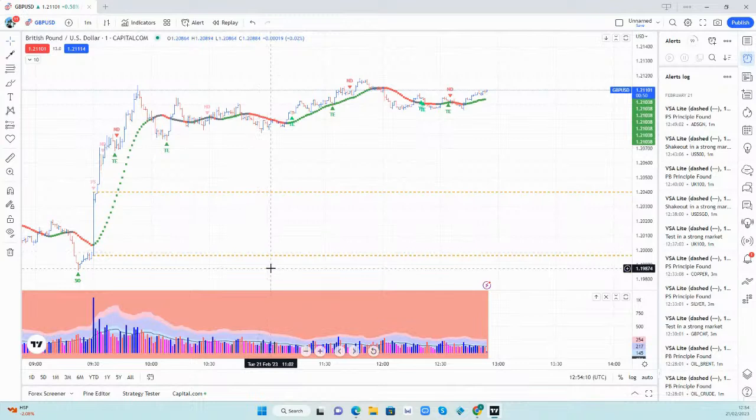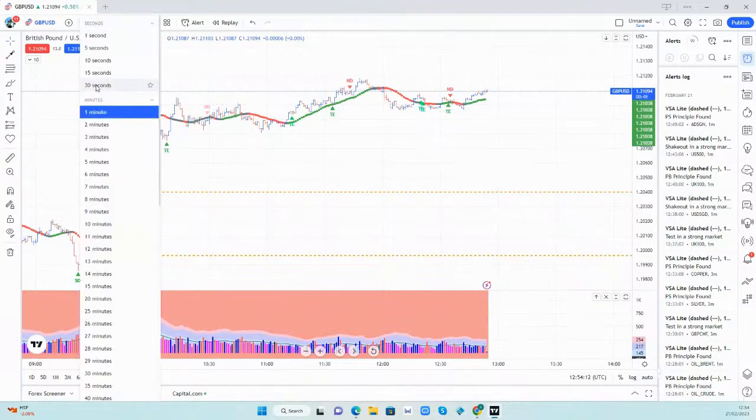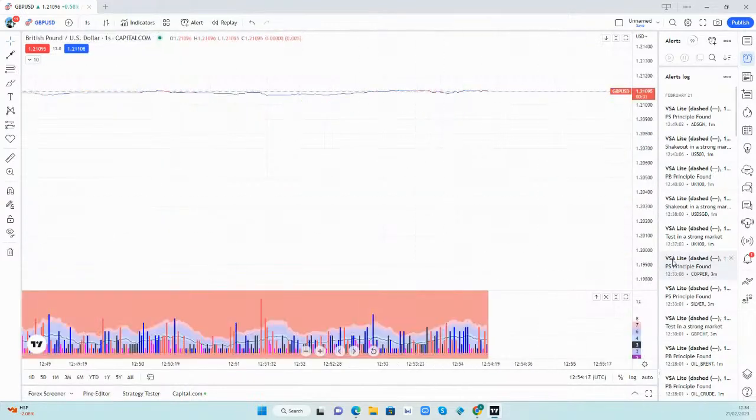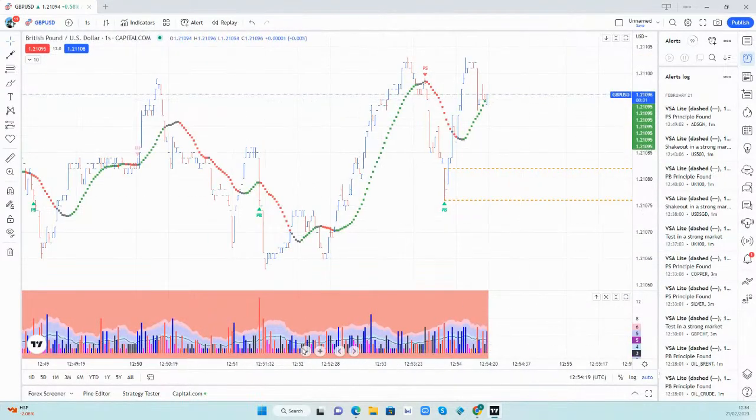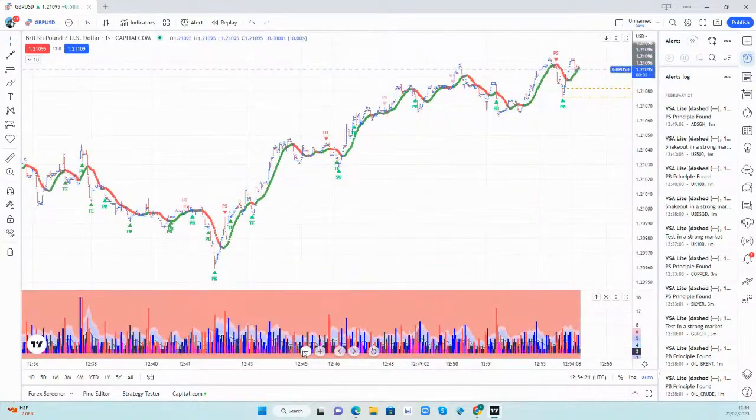So let's have a look at the lower time frame now. That usually gives me an idea for analysis purposes on my 1 minute chart. See what's happening on the 1 second chart.